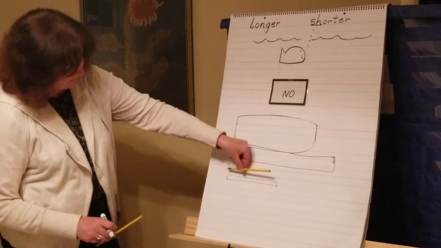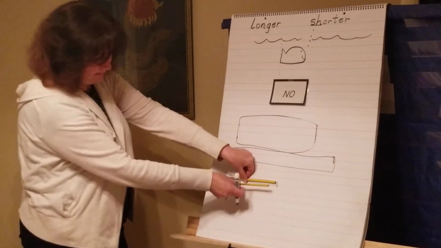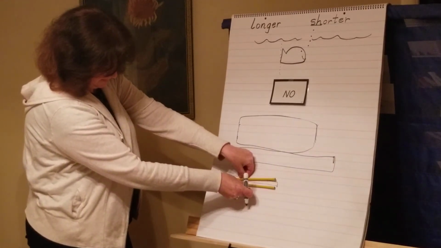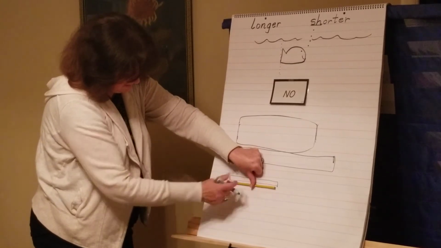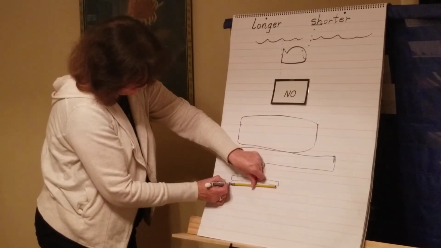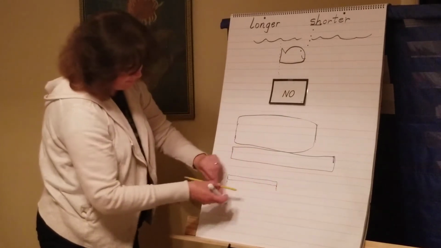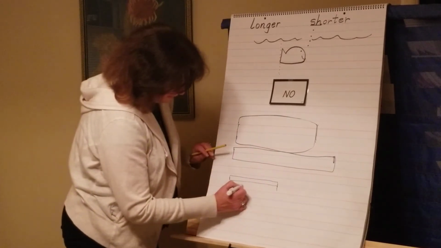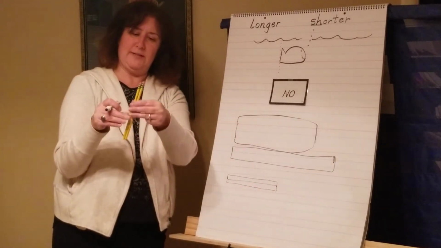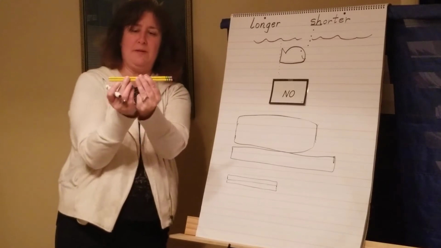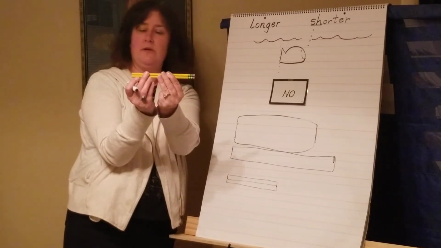So there was one pencil and another pencil. Line it up. Mark my starting point here and my ending point here. These two pencils are equal, right? They are the same length. Okay, one is not longer than the other.